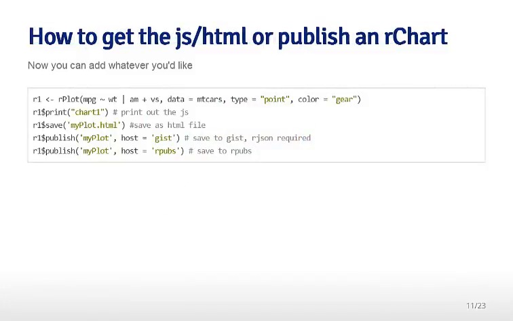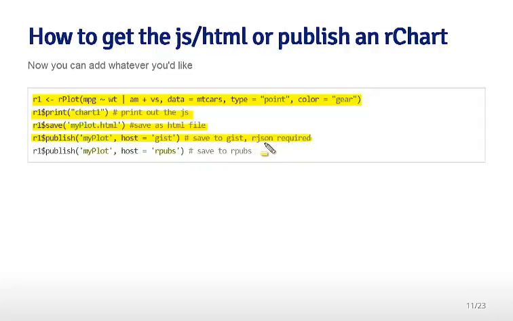So how do you get the JavaScript or HTML, or publish an rChart? So here's my plotting command. Print just prints out the relevant JavaScript notation. Save saves it as an HTML file. Publish, you can publish it to gist, which is just a quick GitHub snippet of code.